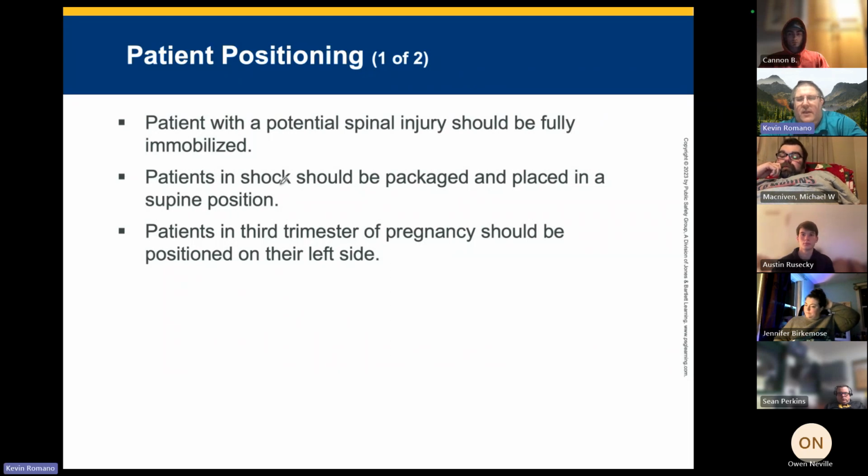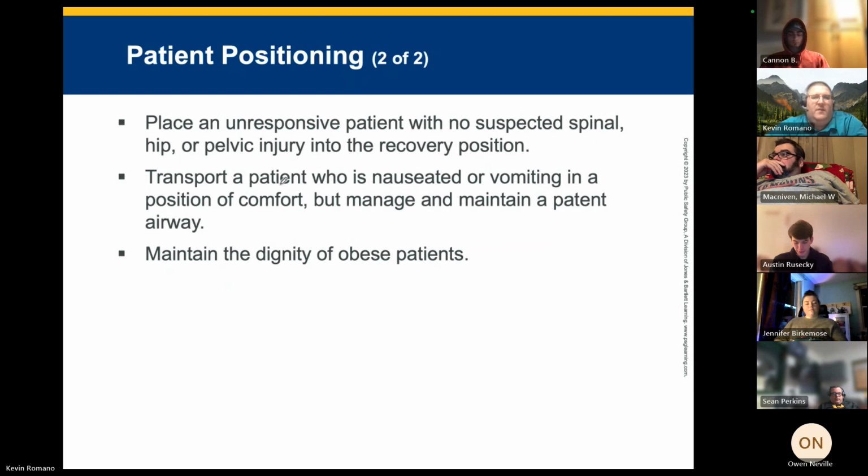Because the weight of the fetus is up against the vena cava, causing the blood pressure to drop. Right. That's why we place them on the left side. It takes the weight off that vena cava, allowing for blood flow to continue, preventing supine hypotensive syndrome. Right. We get into obstetrics. We'll cover that pretty in depth. You guys go over all the different obstetrical emergencies we're going to come in contact with in high risk OB.